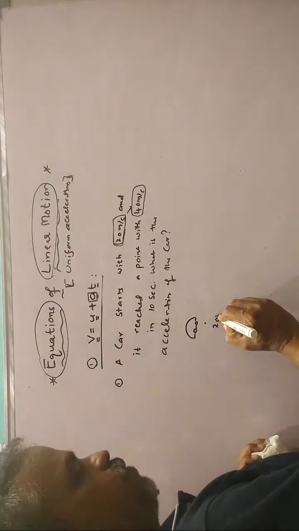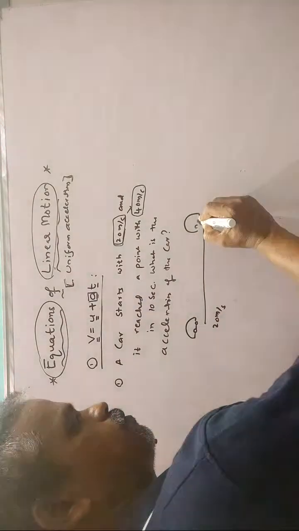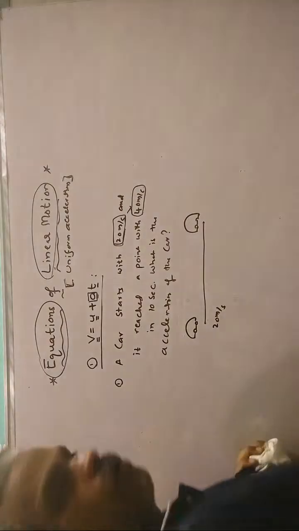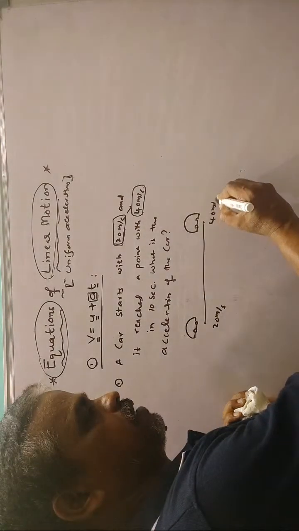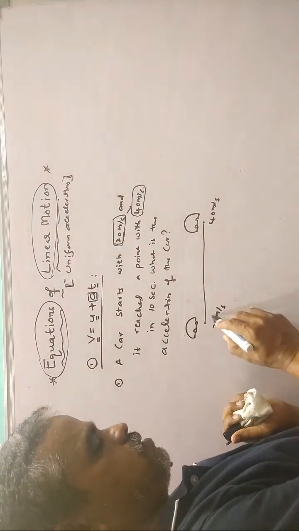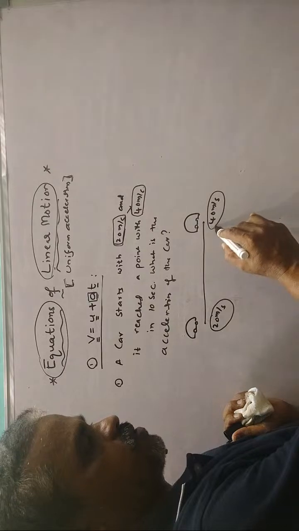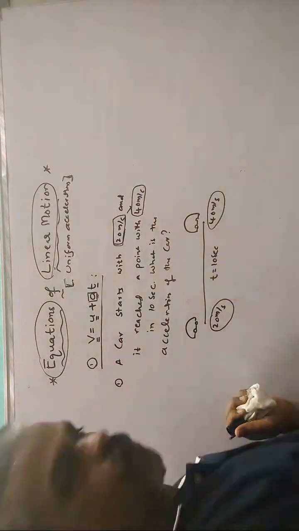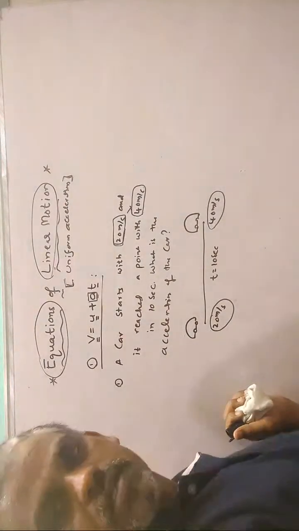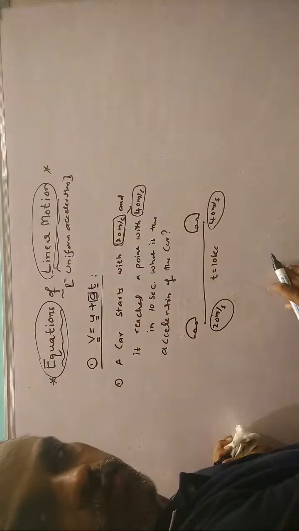Here 20 meter per second, then it changed to 40 meter per second. The car starts with 20 meter per second and goes to 40 meter per second in time 10 seconds. So what is the acceleration?